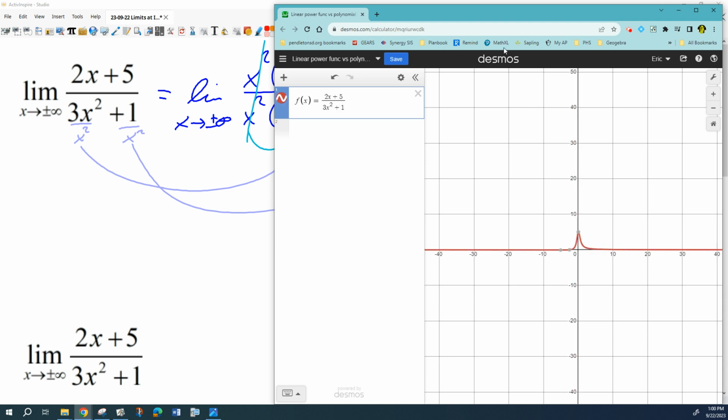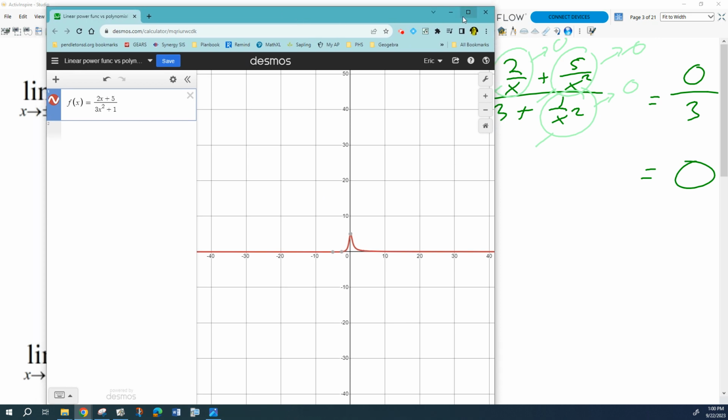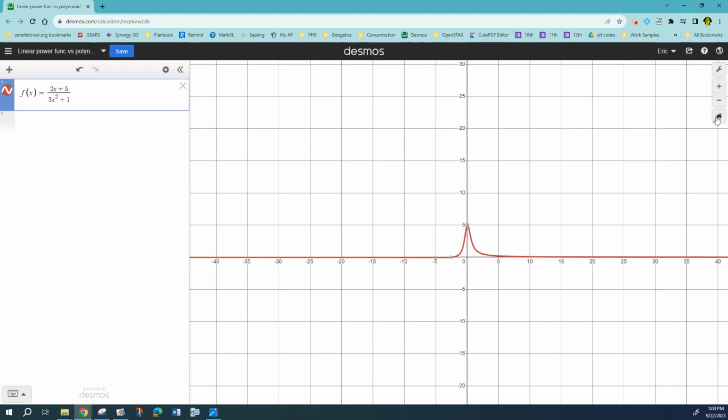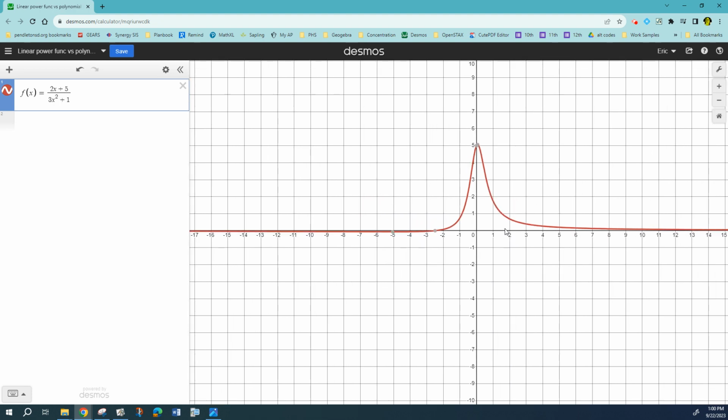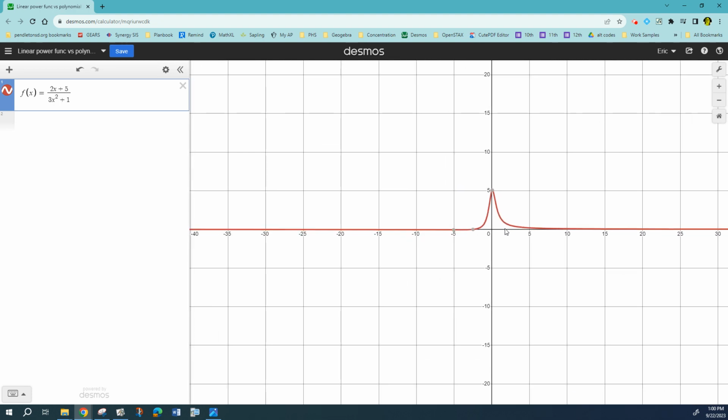There it is. There's my function. We can zoom in. There it is. Okay, if we zoom way out, yeah, that's got a horizontal asymptote, doesn't it?